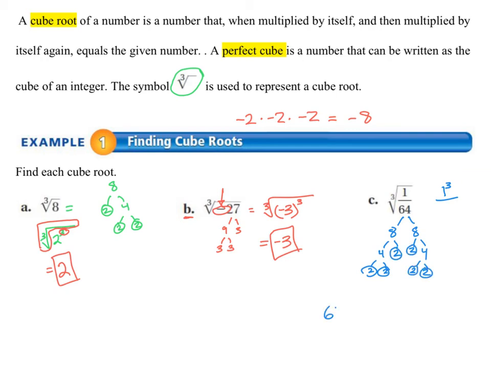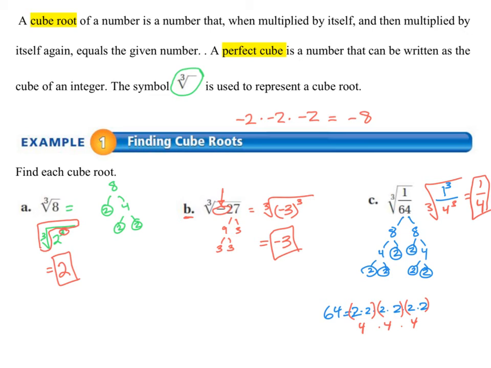So 64 is 2 times 2 times 2 times 2 times 2 times 2. So you can break that into pairs. So that means 64, 2 times 2 is 4, is 4 to the third. So when we do this cube root, we get 1/4.